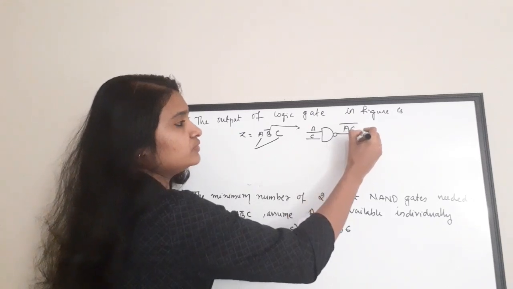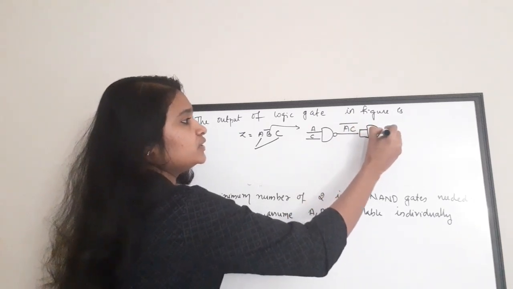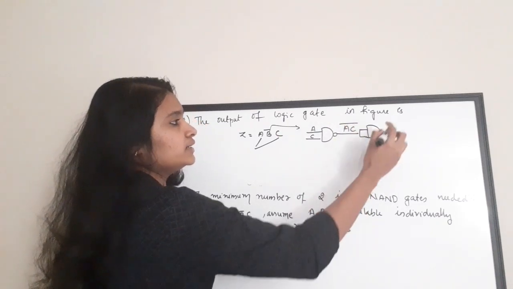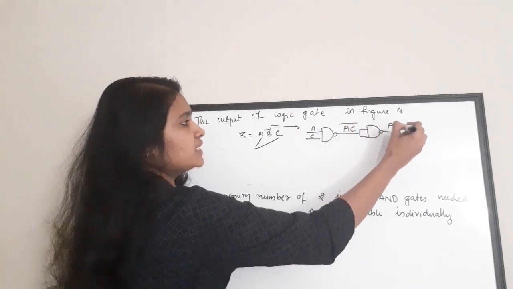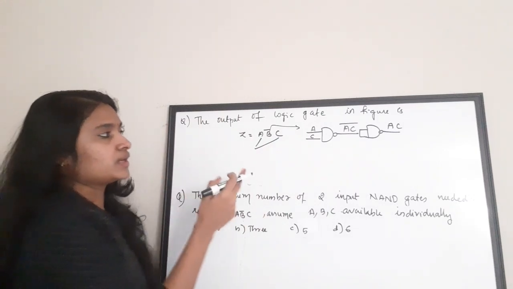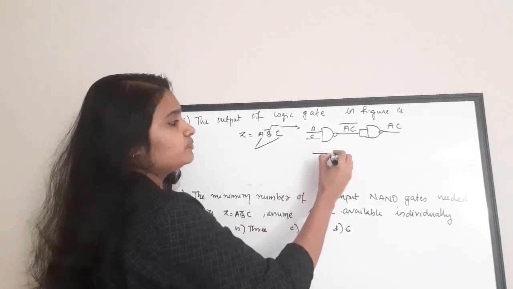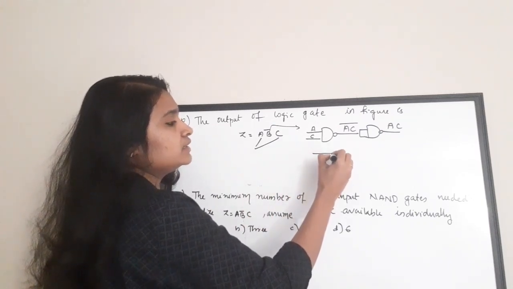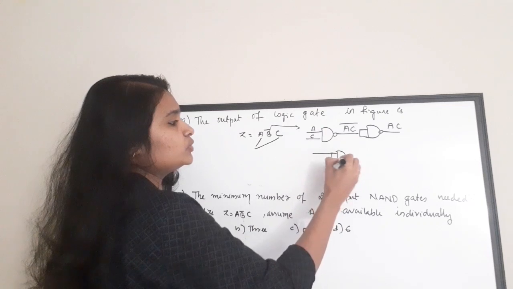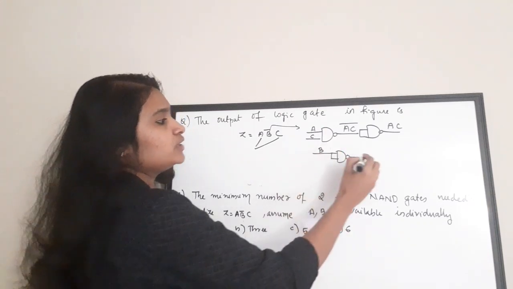So we will take another NAND gate, short its input, and apply this to that NAND gate. So the output is now AC. Now we have AC in our hand. Next we need B bar. It is very simple. You can take B and short the input of another NAND gate, apply it to that NAND gate, and you will get B bar.